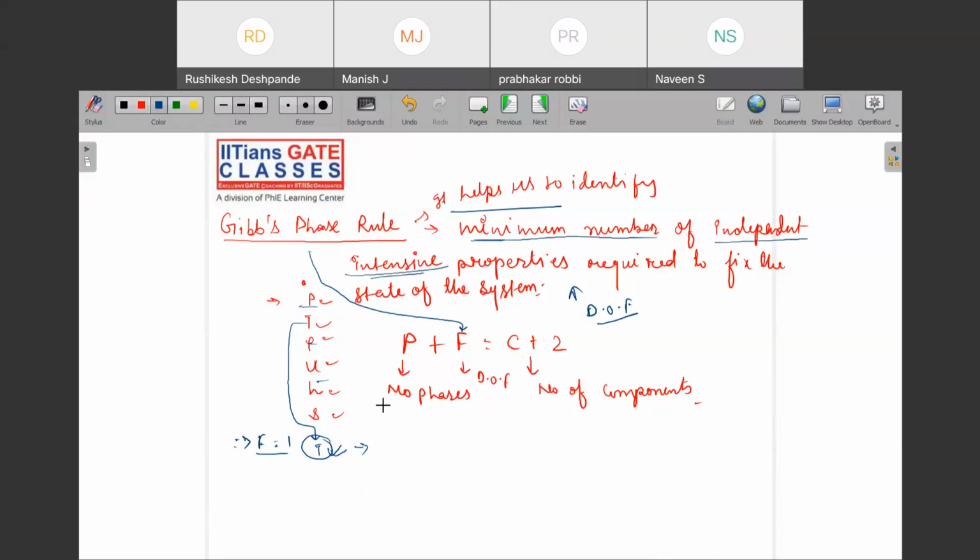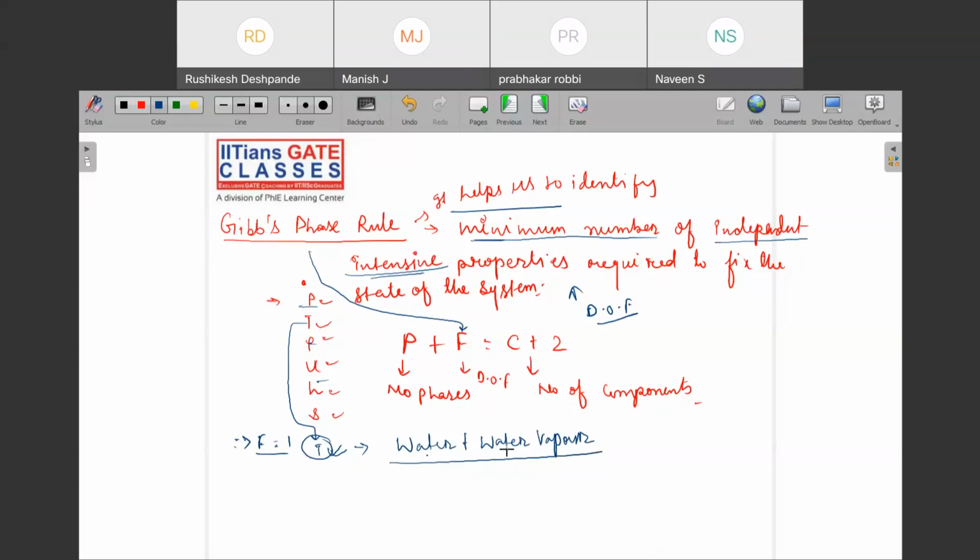Okay. So let us try to find out degrees of freedom for some given states. For example, let us say that I am having water and water vapor with me. Then tell me what will be the degrees of freedom. So let us count the number of phases.